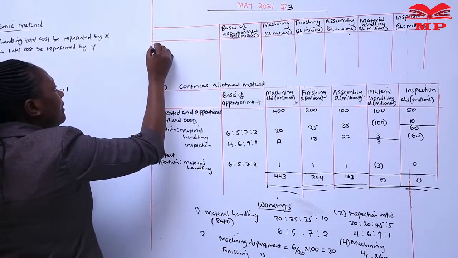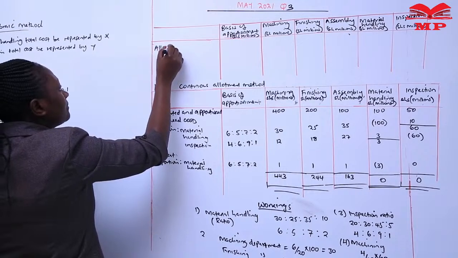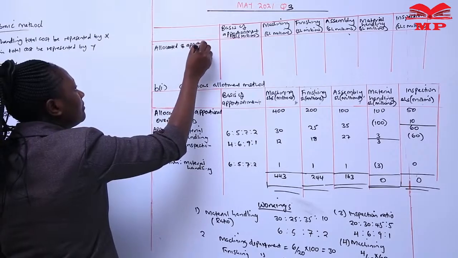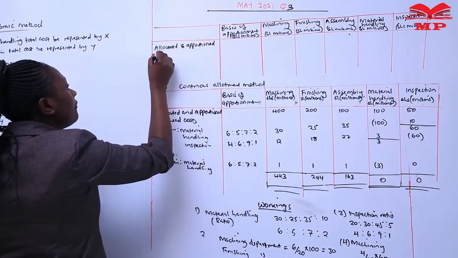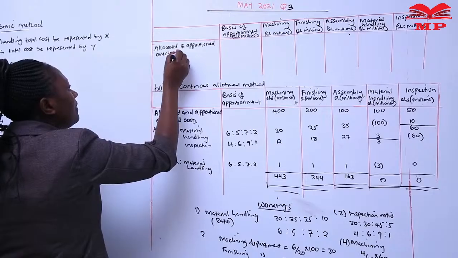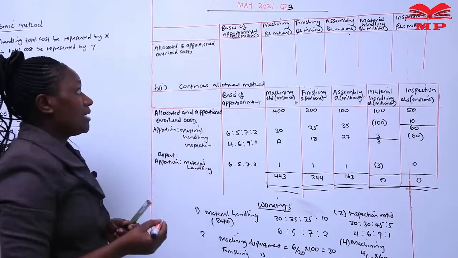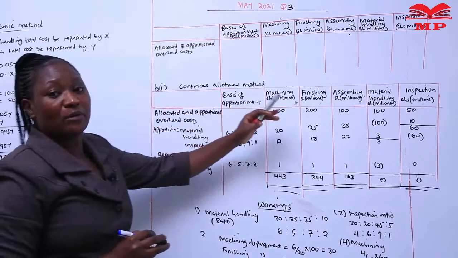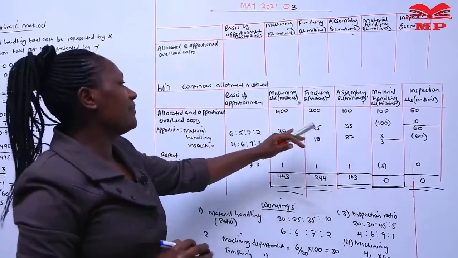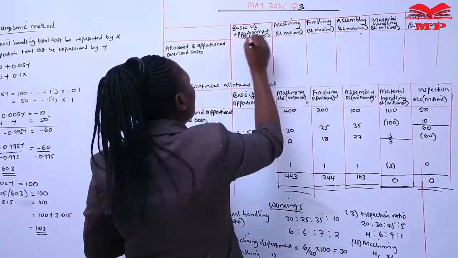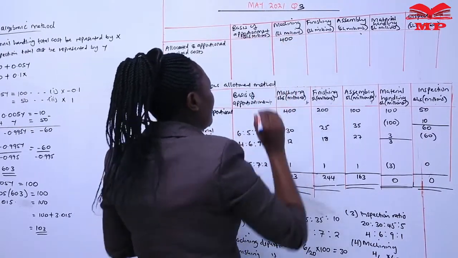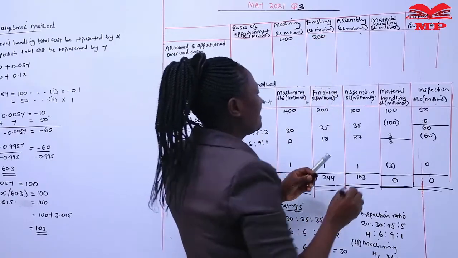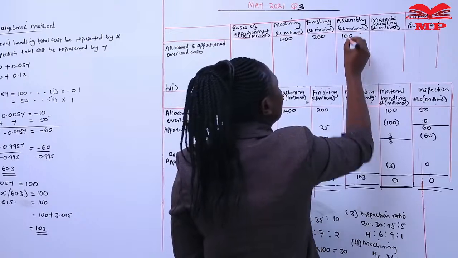So we are beginning with allocated and apportioned overhead costs. The allocated and apportioned overhead costs for production departments will remain the same. So machining was 400, finishing was 200, assembly 100.